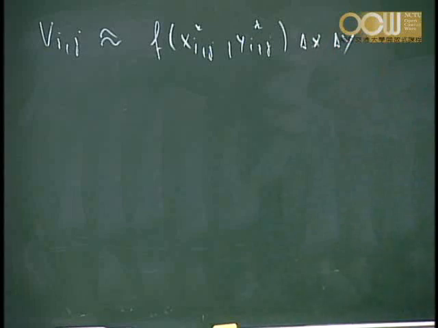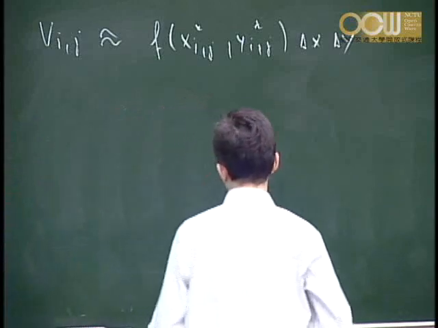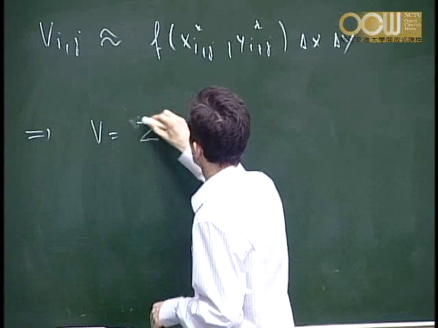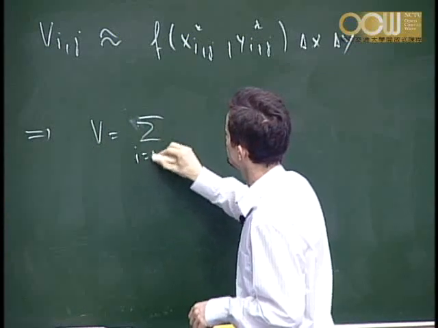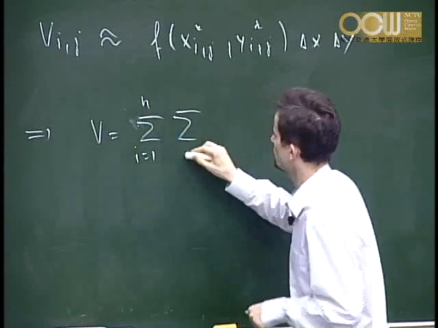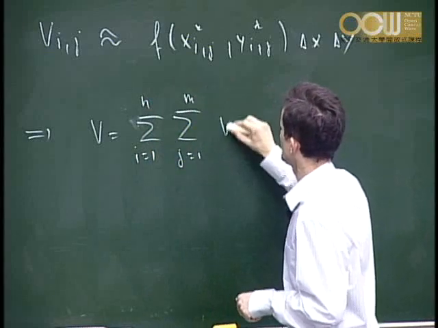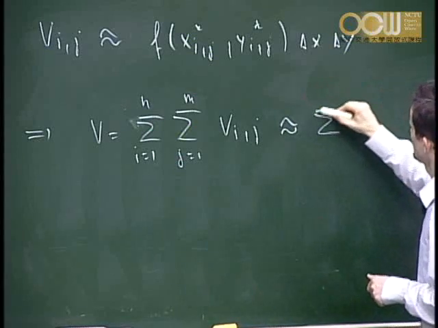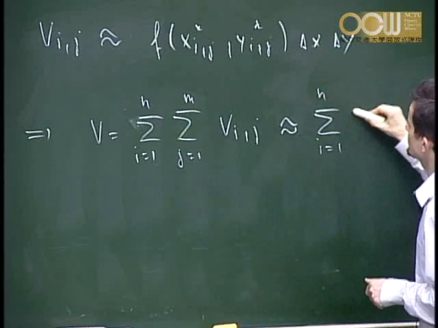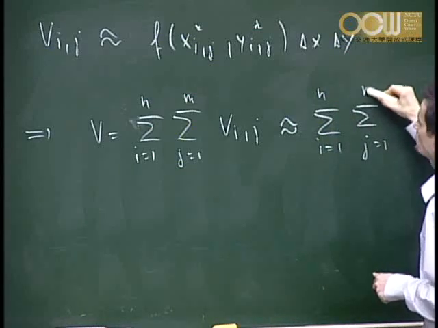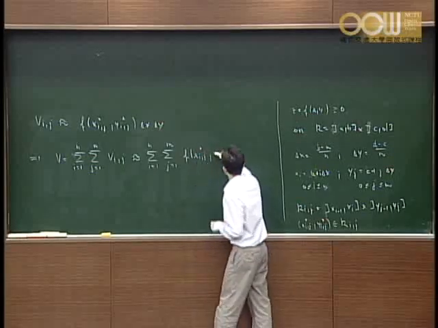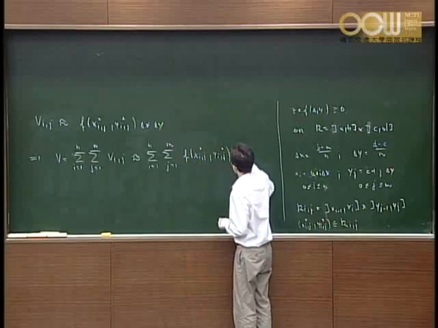So this gives you one of those solids you see here, and now an approximation for the volume we want to compute is given as follows. The sum i from 1 to n, sum j from 1 to m of V_ij, which is the sum of f evaluated at the sample point times delta x, delta y.